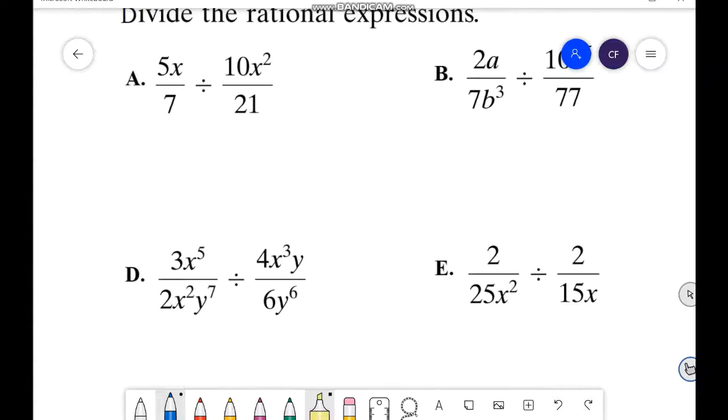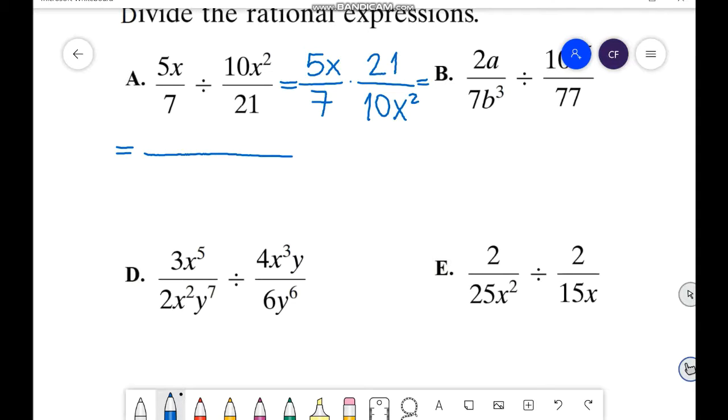And check this. Divide the rational expressions. We have 5x over 7 divided by 10x squared over 21. Let's find out the answer. Well, you keep 5x over 7, and you're gonna flip, right? 21 over 10x squared. This is equal. And just draw a long line, multiply all the numerators, multiply all the denominators.